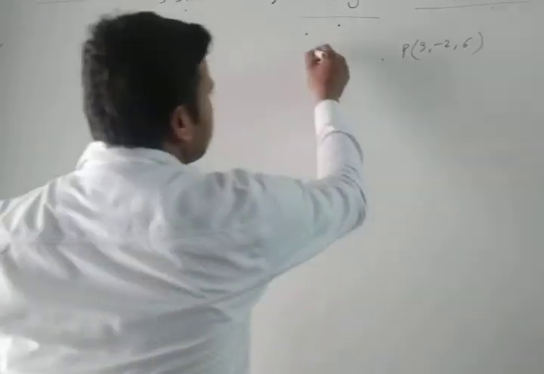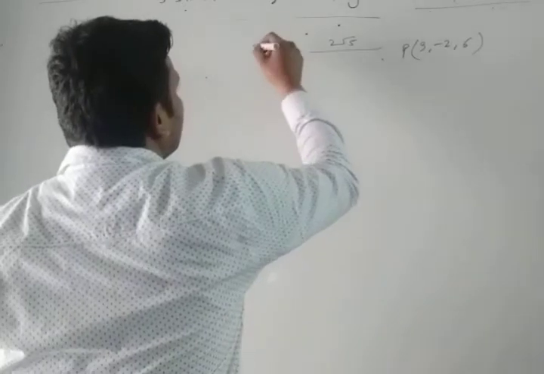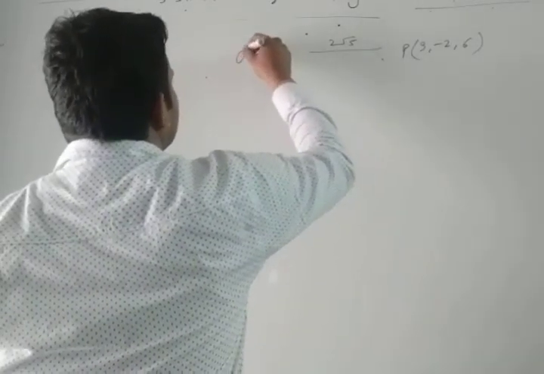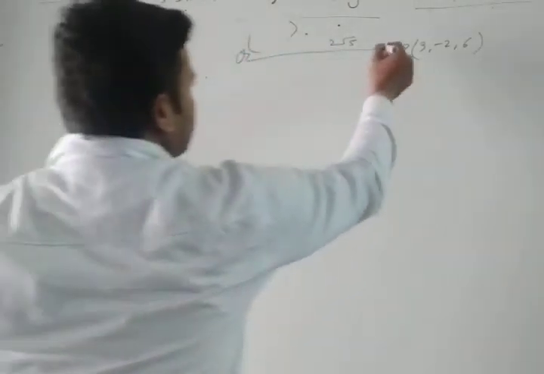And this point is at a distance from the point, let a point Q at y-axis. And the distance of P and Q is 5 root 2.